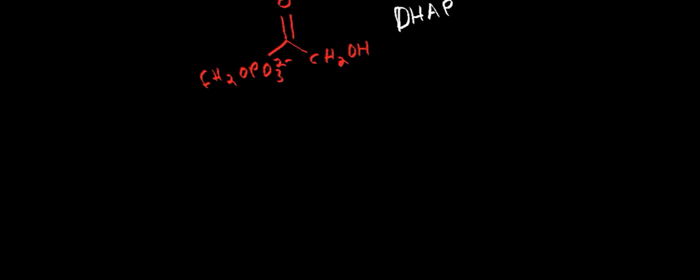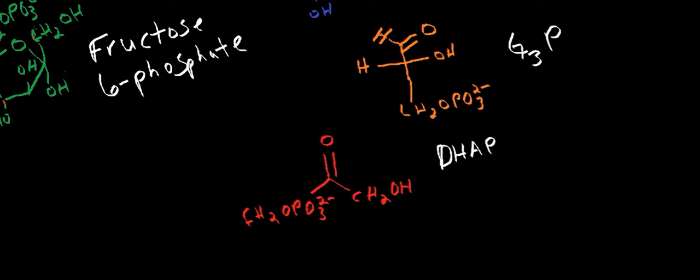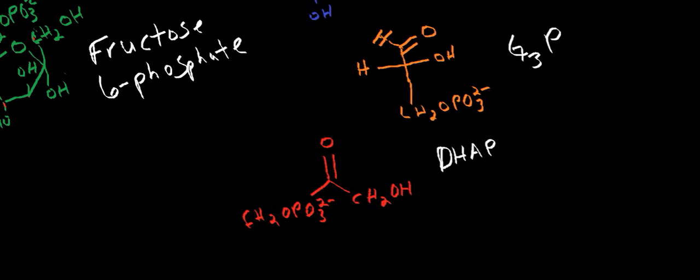All right. So from G3P, you have 1,3-bisphosphoglycerate. I'll draw that for you. So from, again, G3P, which you see in the orange up there, I'll draw for you 1,3-bisphosphoglycerate. All right.